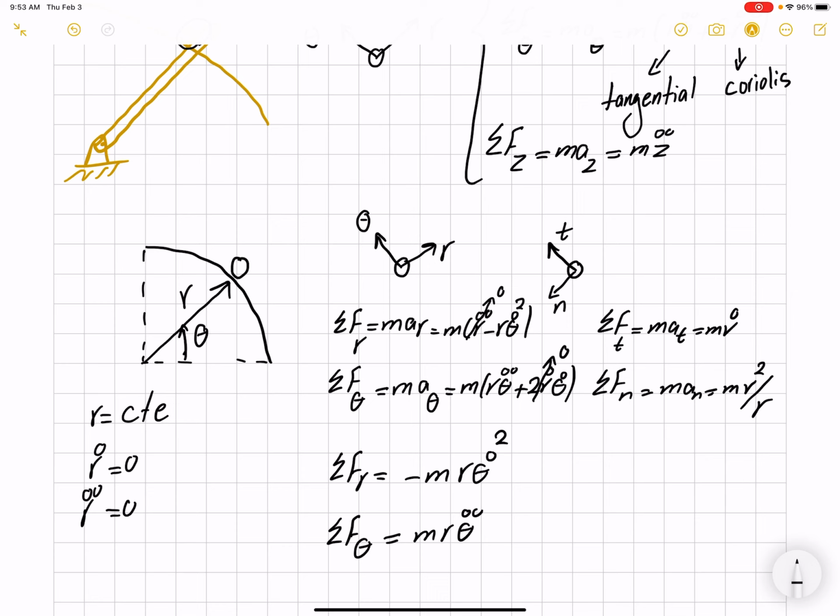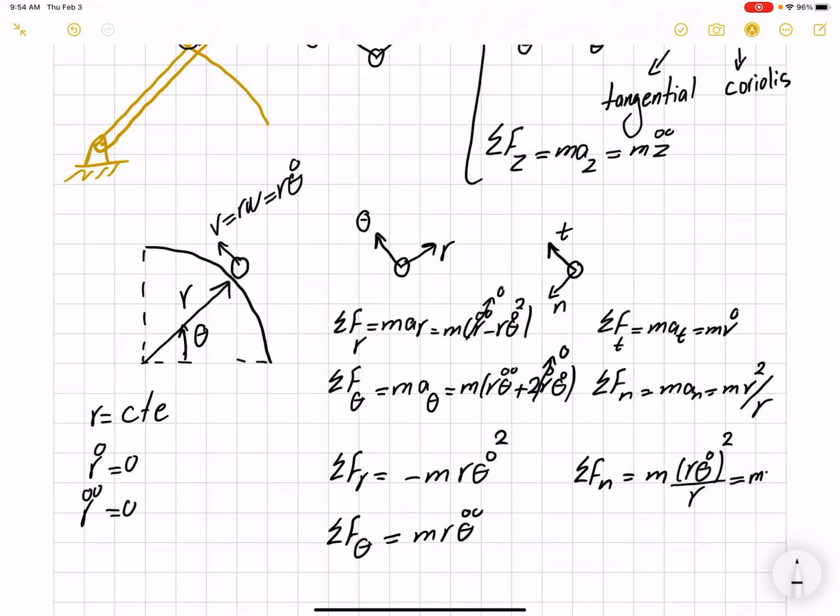And if I compare it with what I have for the tangential and normal components, here n is m v squared over r. So what is the velocity? The velocity here would be r omega or r theta dot. So if I write r theta dot squared over r, you would see that the r in the denominator is cancelled with one of the r in the numerator.